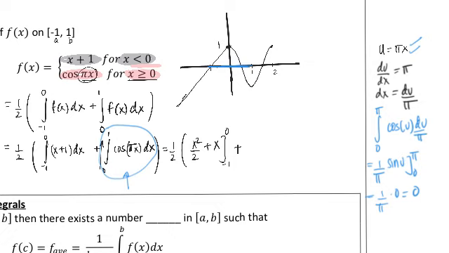The other way to do it would be just to realize that the antiderivative of cosine of pi x, we've seen this kind of pattern a lot of times. So you could maybe even remember that the antiderivative is going to work out to be 1 over pi sine of pi x, and then you could do it with the x limits on the integral. Either way, we're going to get 1/2.